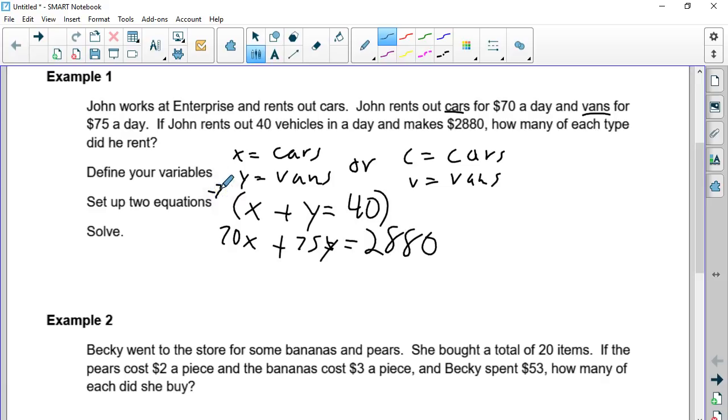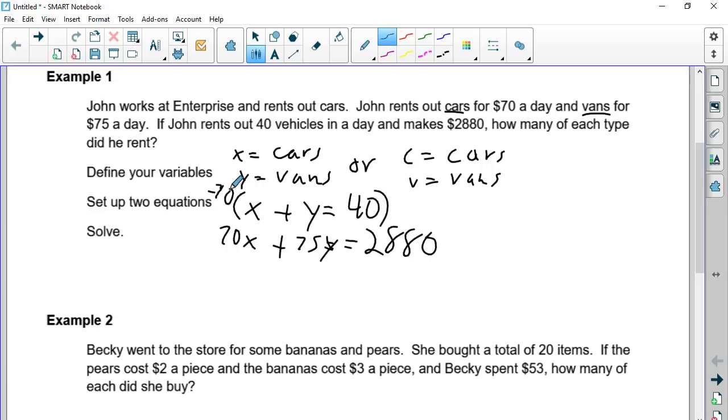Now, you can multiply by negative 70 or negative 75 to cancel the X or the Y. I usually prefer to cancel the smaller number to avoid negatives. That's all. Not a big deal. Doesn't matter what you do. Your choice. There's basically four ways to solve this problem. Solve for X and use substitution. Solve for Y, substitution. Cancel the X's and eliminate. Cancel the Y's and eliminate.